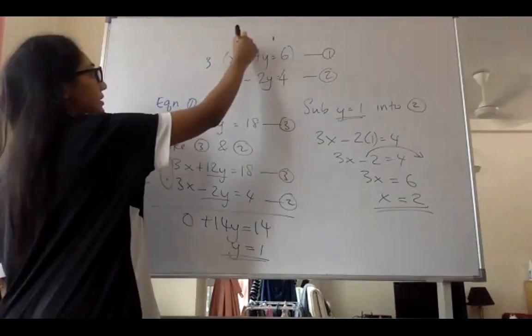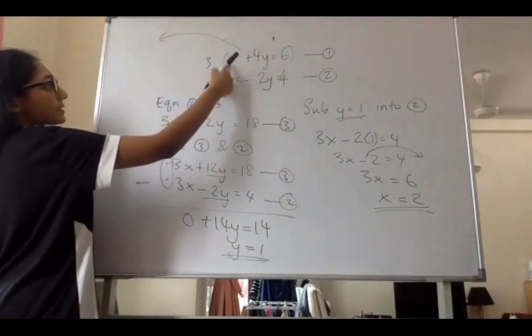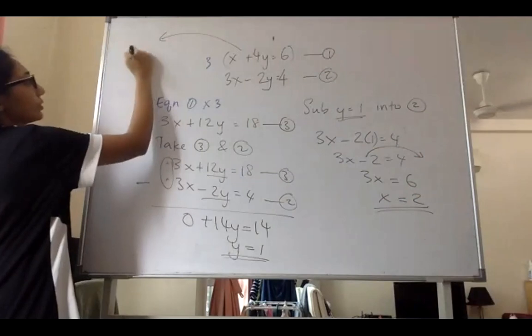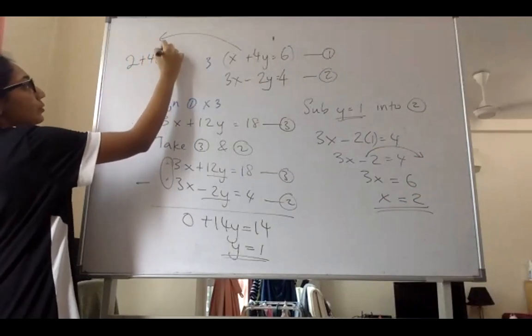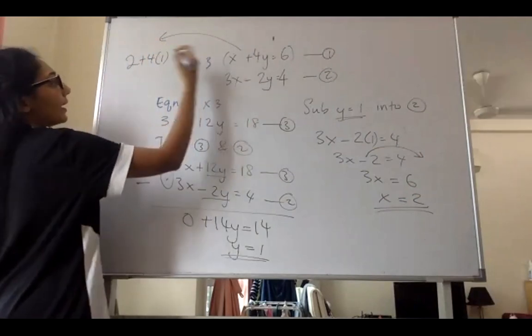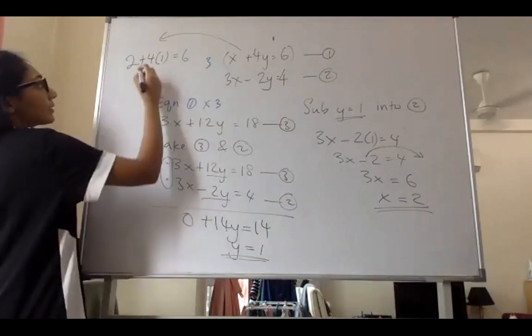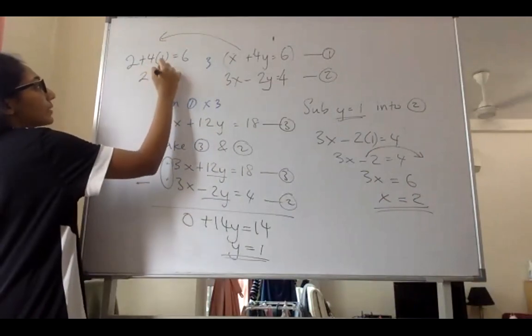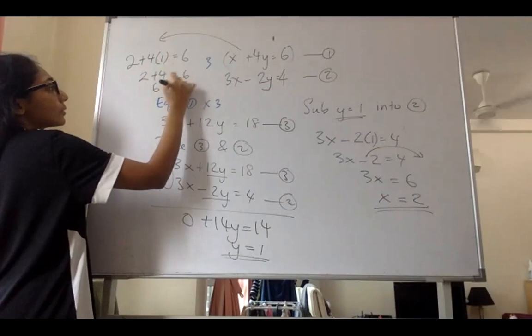I put it into the first equation. x is 2, y is 1. 2 plus 4y equals 6: 2 plus 4 is 6. So 6 equals 6.